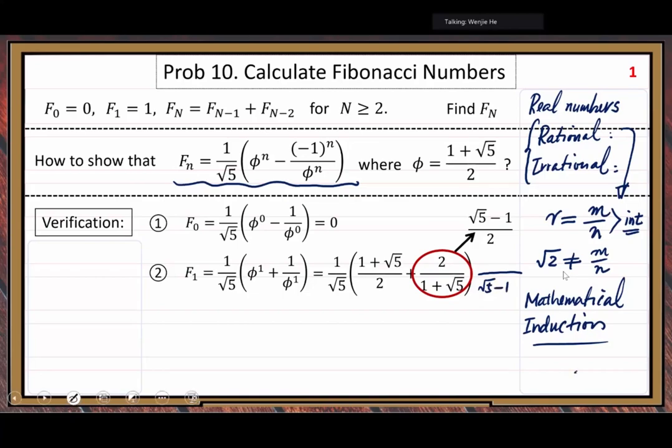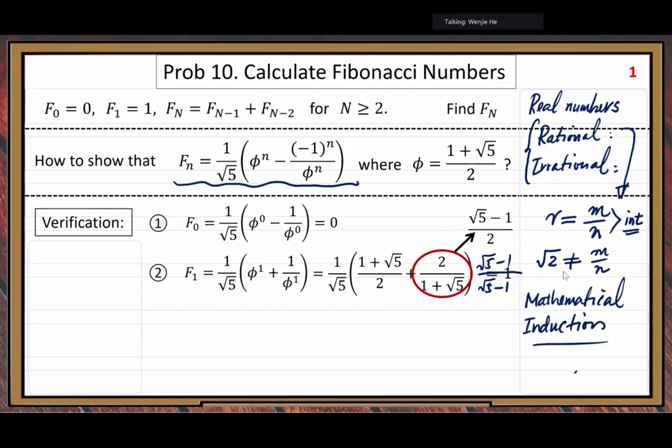When we multiply the numerator and denominator by the same number, then after simplification, 4 at the denominator, 2 cancels, so 2 is left at the denominator. The numerator is root 5 minus 1.